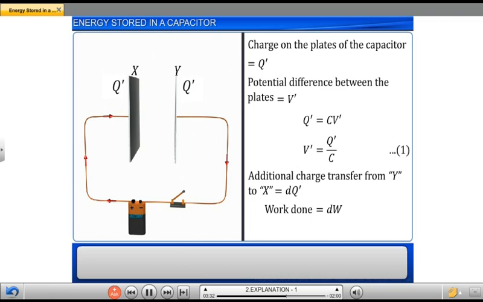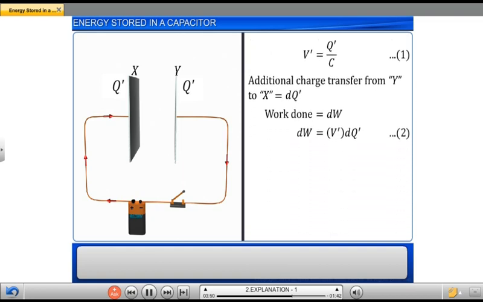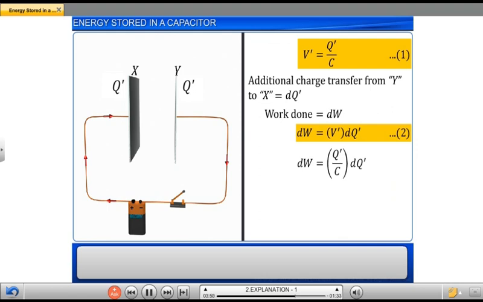From the definition of potential difference, we know that V is equal to dW by dQ. Therefore, dW equals V' dQ'. Let this be equation 2. Substituting equation 1 in 2, we get dW is equal to Q'/C into dQ'. Let this be equation 3.